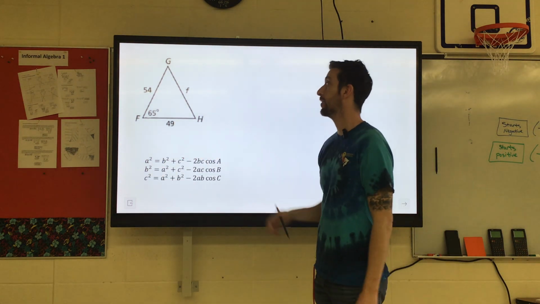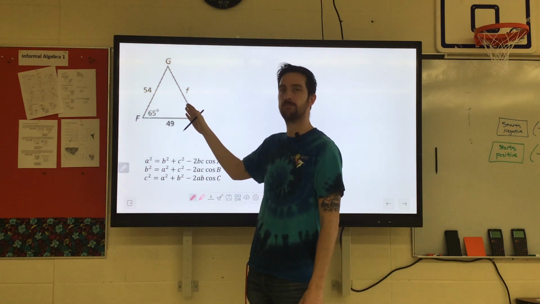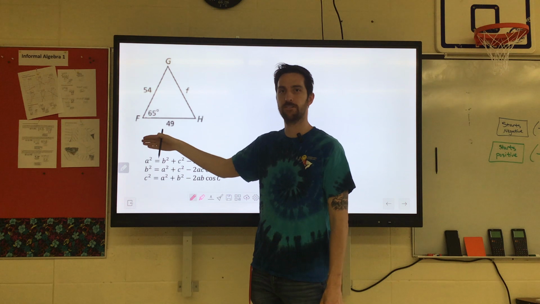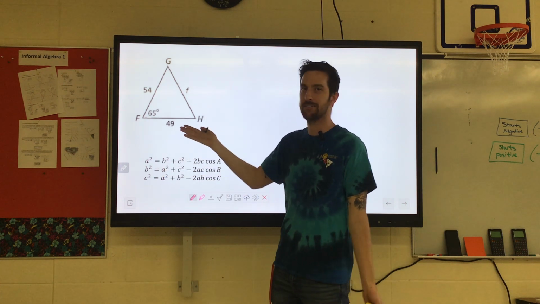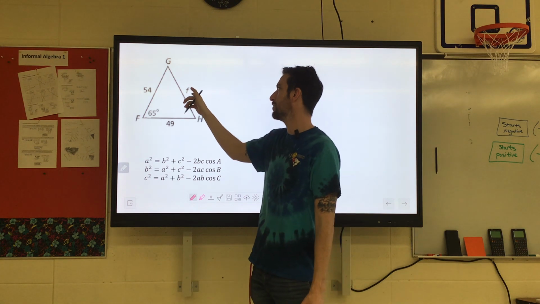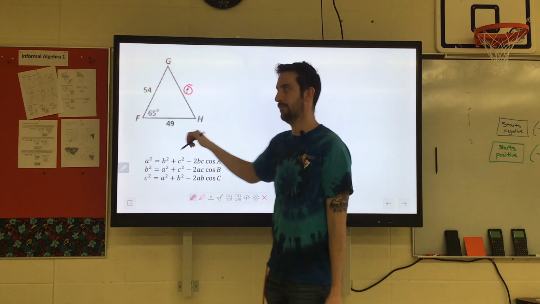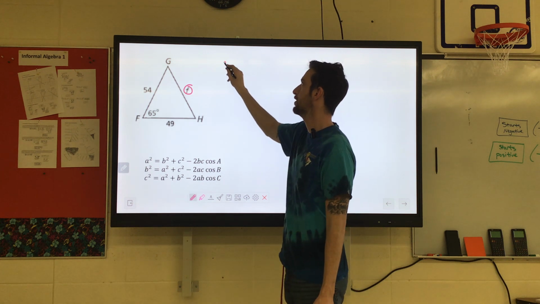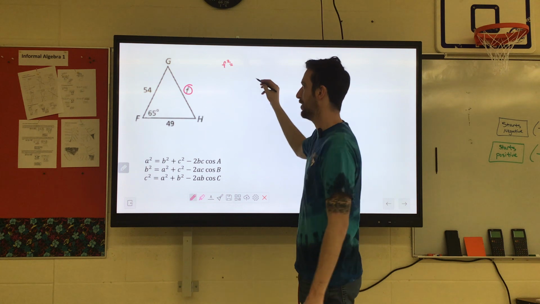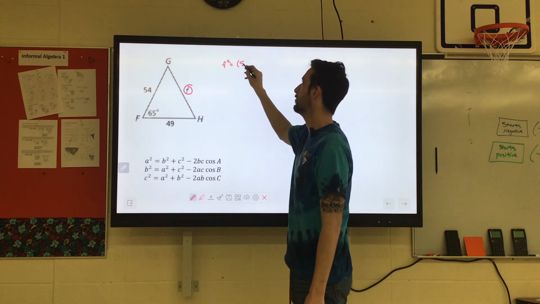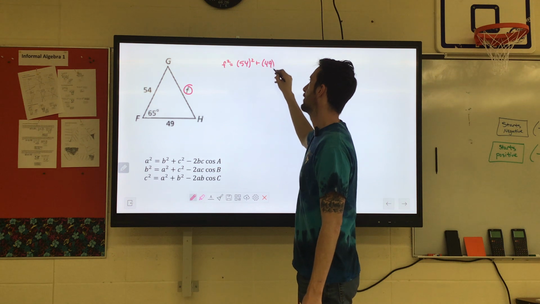We don't have anything that corresponds. I'm going to find side F, which corresponds to the 65 degrees. Again, these don't use A, B, and C, and that's okay. It doesn't matter. We just have to make sure that the side we're solving for is all by itself. So we'll say F squared equals the other two sides squared, doesn't matter what order you put them in, 54 squared plus 49 squared.